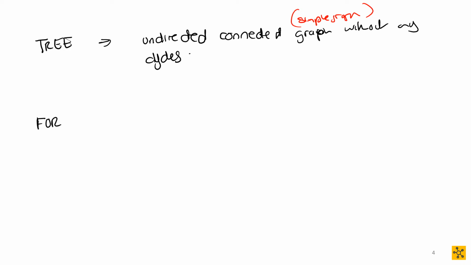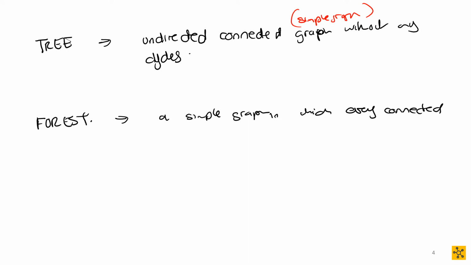A forest is a simple graph in which every connected component of it is a tree. And this automatically combines the fact that it must not have any cycles, because if all its components, and when we talk about components of a graph, we have something like this, every connected component, let's just do this as an example.